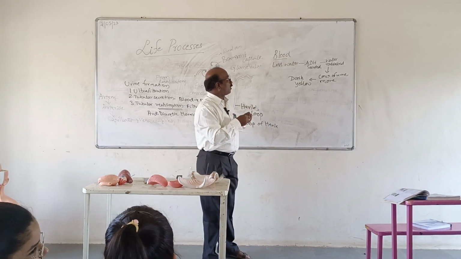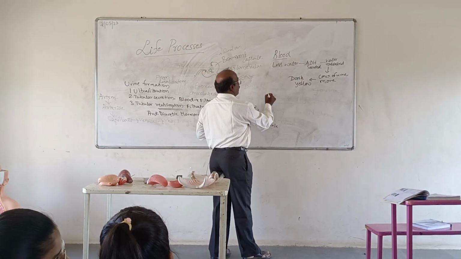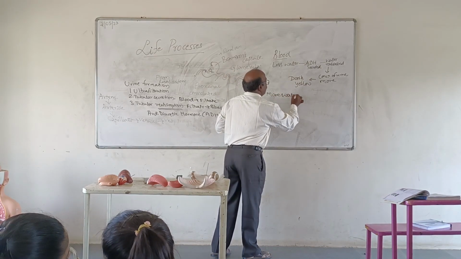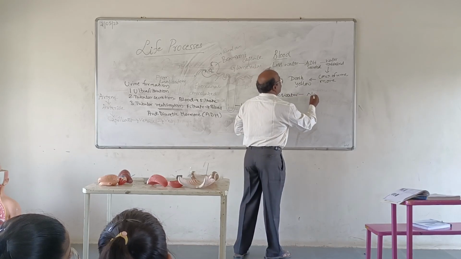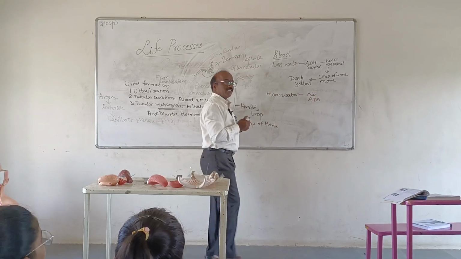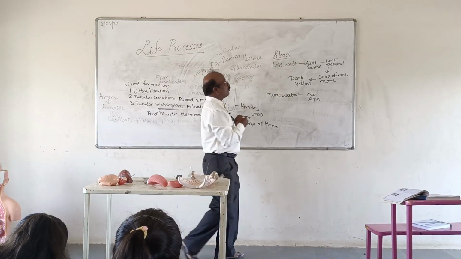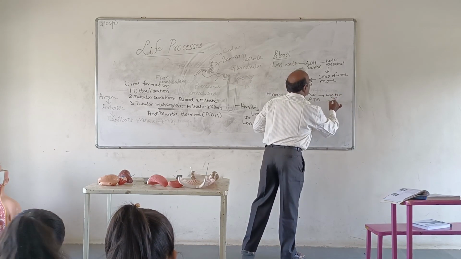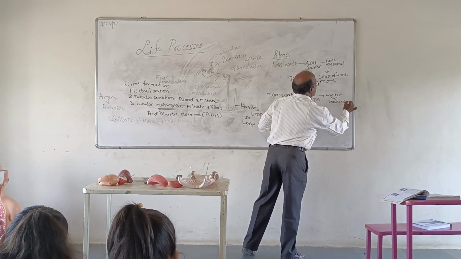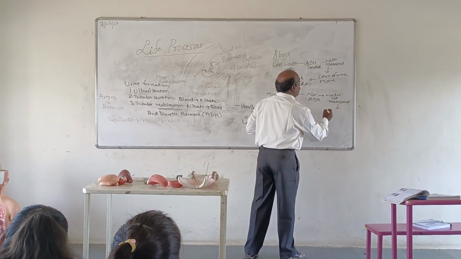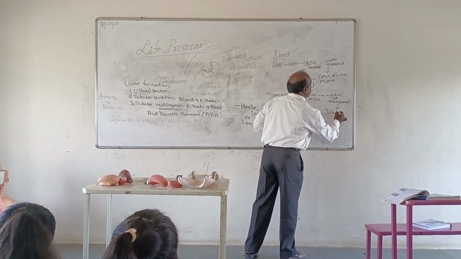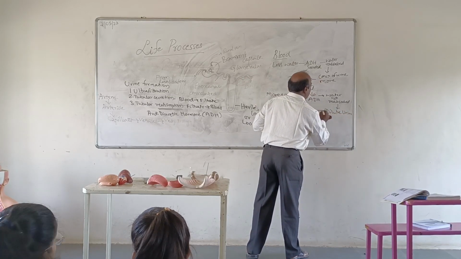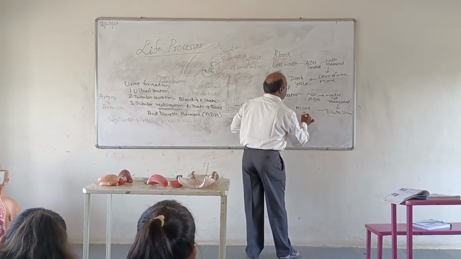At such times, if in your body or blood there is more water, then no ADH is secreted. Water is not reabsorbed much, and due to that we get dilute urine, in more quantity.